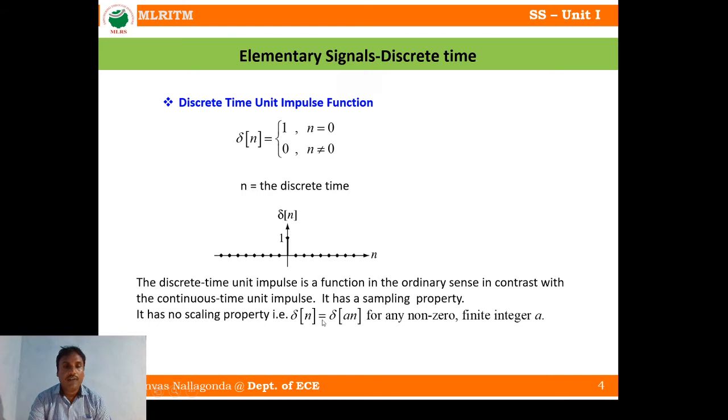So delta of n is equal to delta of an for any non-zero finite integer a, because there is no effect of the scaling factor with discrete time, unlike the continuous case.